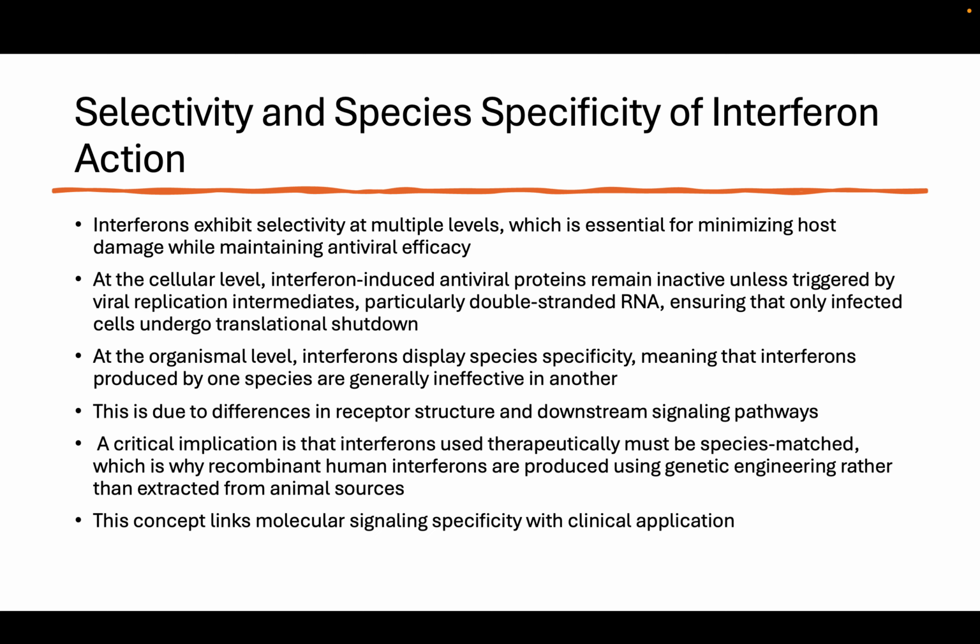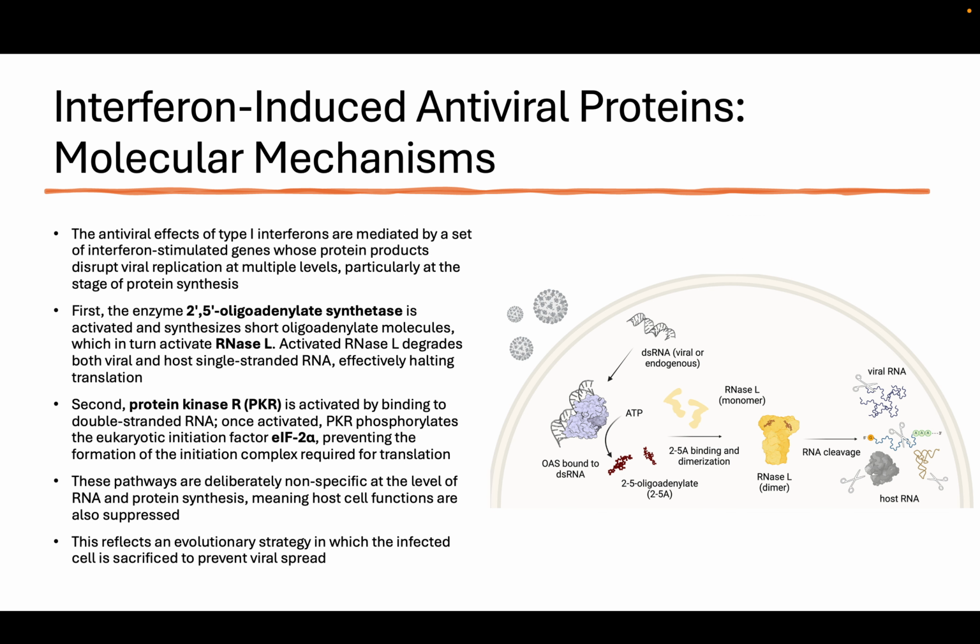Even though these ISGs are produced as proteins, they're not doing any work, only when there are viral replication intermediates like double-stranded RNA. For example, with protein kinase R, it's not going to do anything until there is double-stranded RNA. If there is, it's going to bind to it, and now it's active. So that's how it happens.